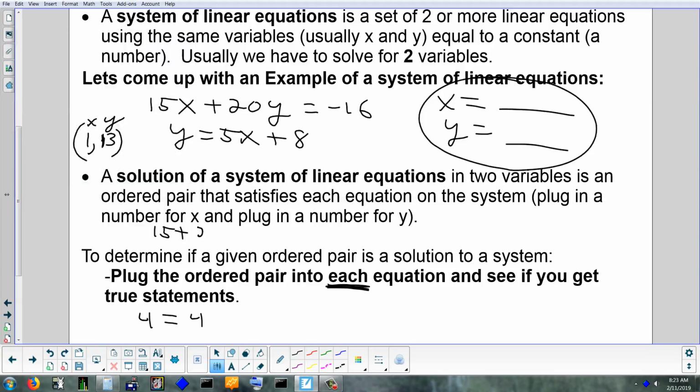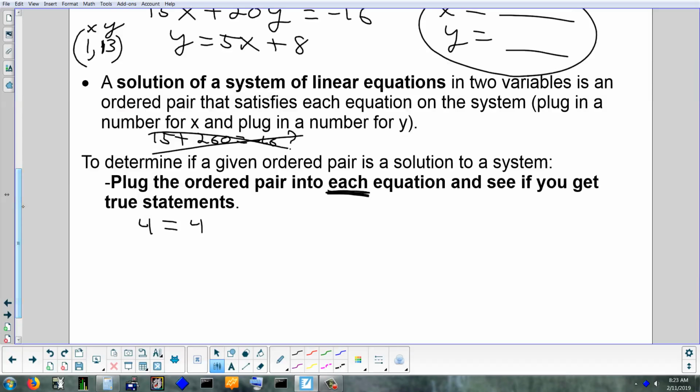Well, 15 plus 260, does that give you negative 16? No. So what that means is you found a coordinate that worked in one equation, but it didn't work in both, so that's not the answer. Has to work in both. So that's all you do is you plug it in, see if you get a true statement. We're going to try a couple more of those right now.